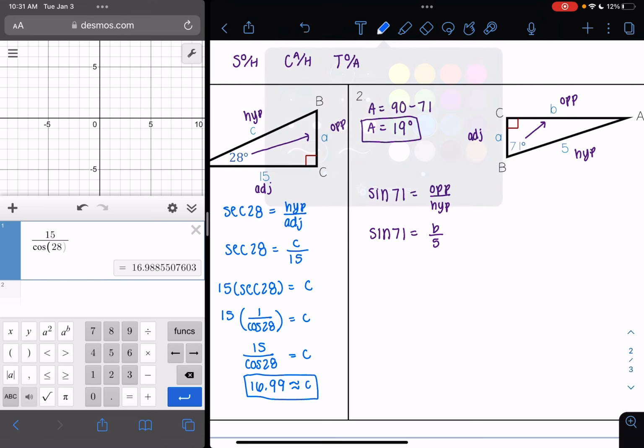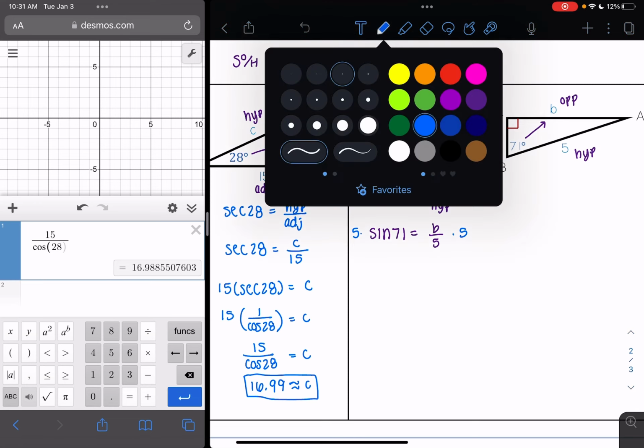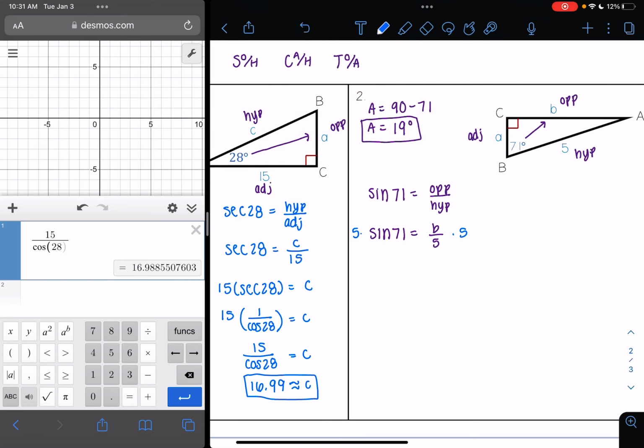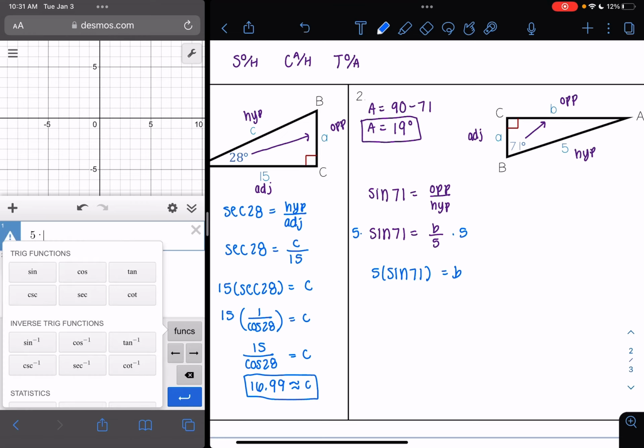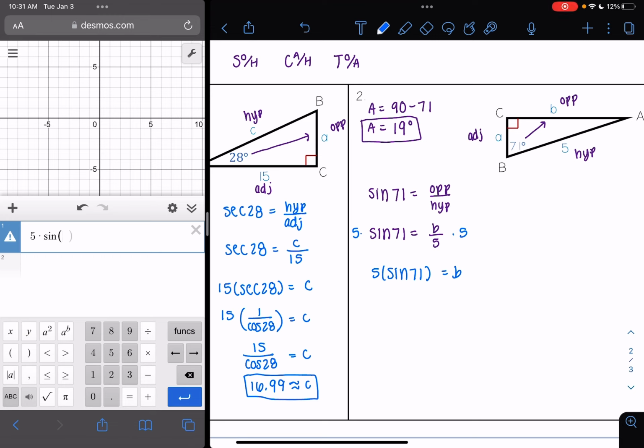And I want to solve for B, so I'm going to multiply by 5 on both sides. And so I get that 5 times sine of 71 is equal to B. And so going to my calculator over here, I have 5 times sine of 71, which is approximately 4.73.